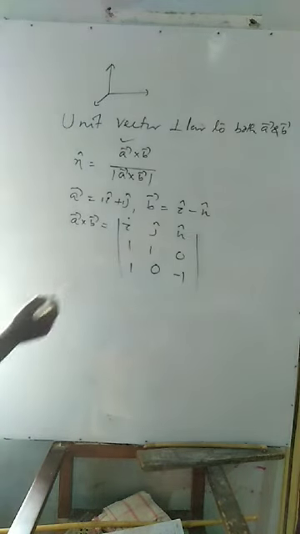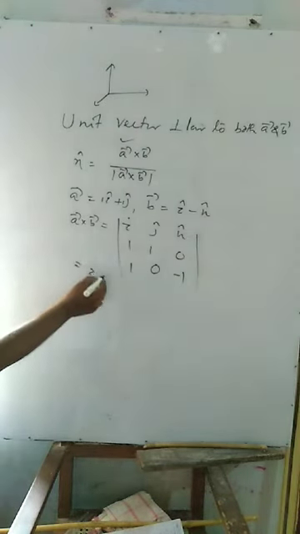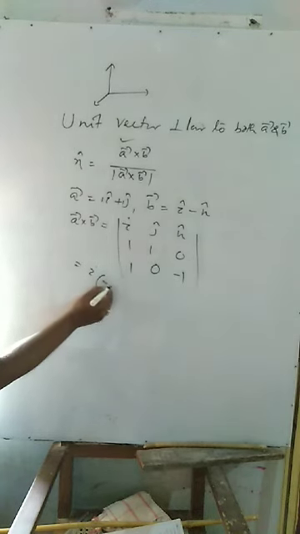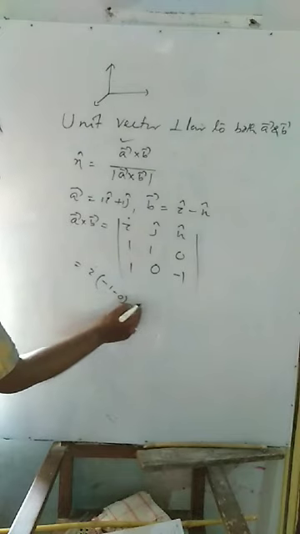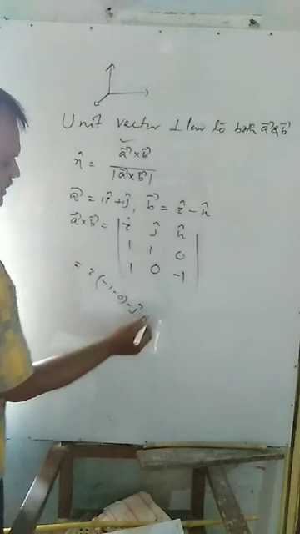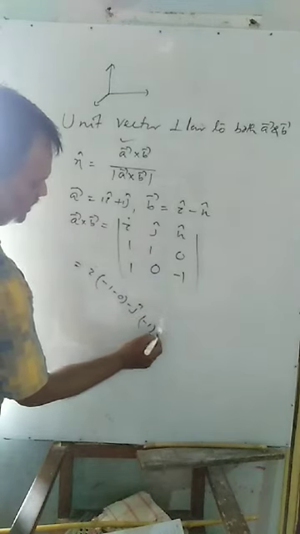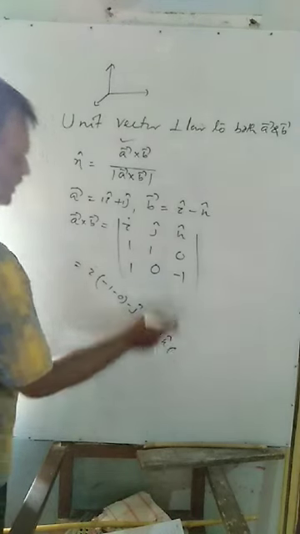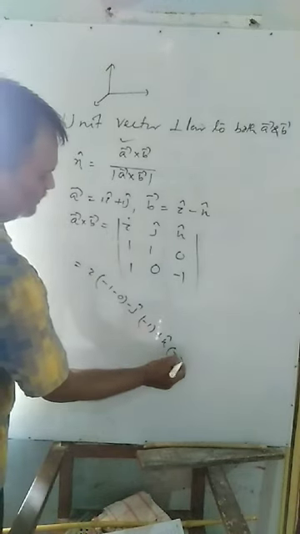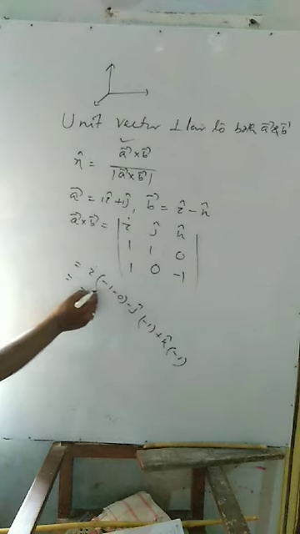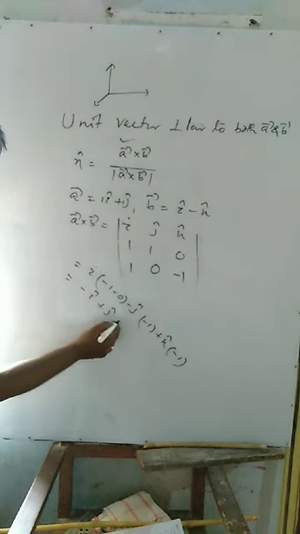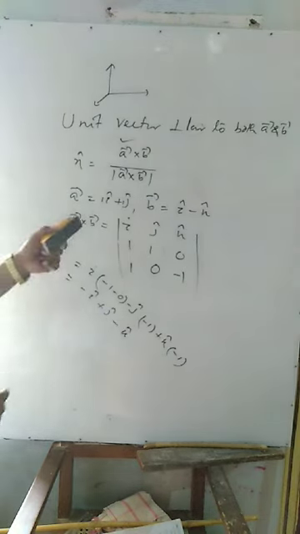So A cross B equals, opening this out: i cap into (1 times minus 1 minus 0), minus j cap into (minus 1 minus 0), plus k cap into (0 minus 1). This gives minus i cap plus j cap minus k cap. This is A cross B.